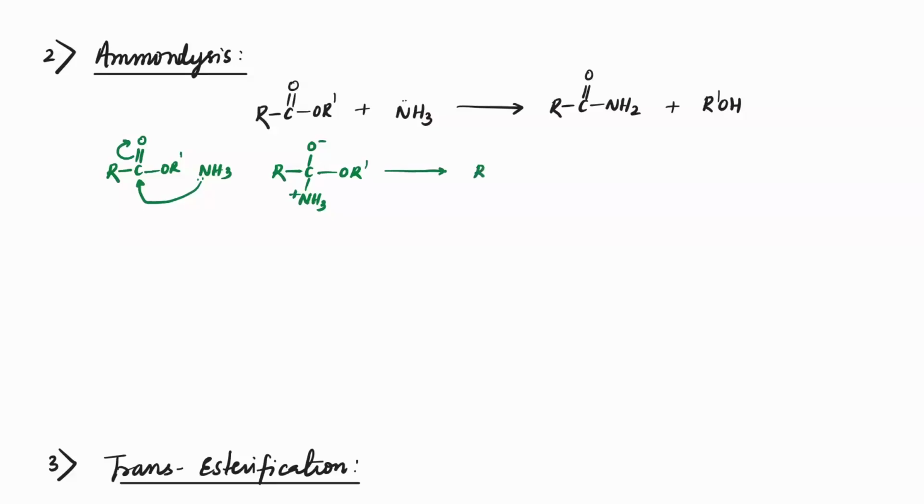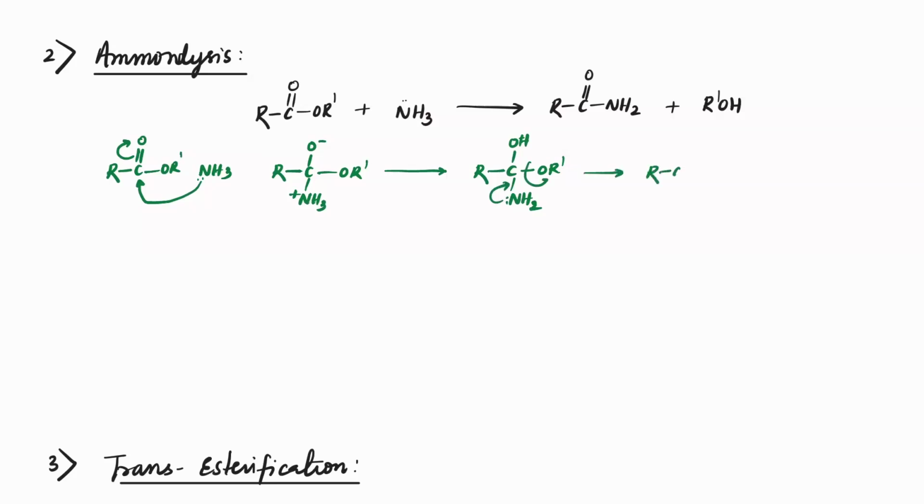And that will make it as R, C, OH, and here we get this as OR dash, and then NH2.